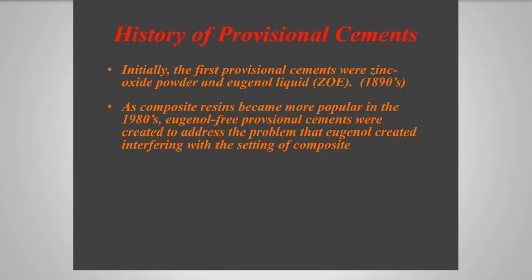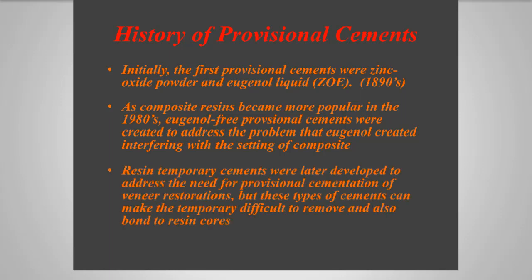Going on in the process, resin temporary cements were also developed to address the need for provisional cementation of veneer restorations, because the typical provisional cements at the time would not have enough retentive capability for these minimal preparation type of cosmetic restorations that have been popular since the mid-90s.